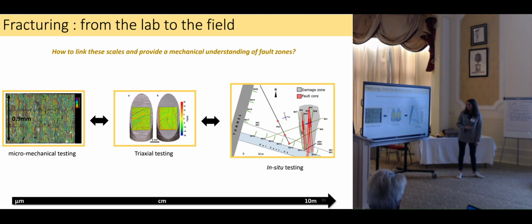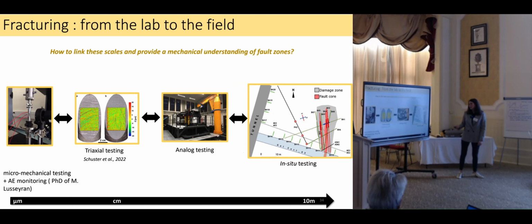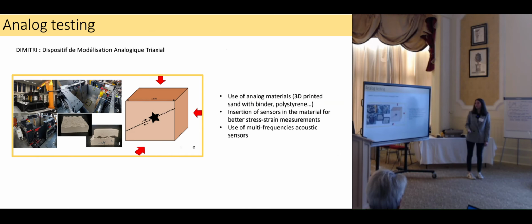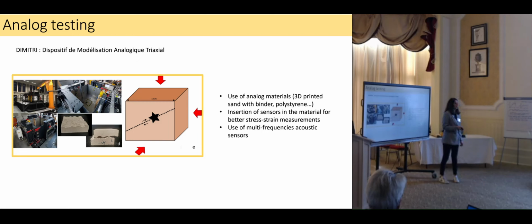And just to finish, I started to show you the 3 scales. I will just add another one, because now that I moved, there is a beautiful machine where I am installed now. The machine is called Dimitri, with a very French name, Dispositif de modélisation analogique triaxiale. This machine is a giant baby that can take samples that are 1.5 by 1.5 by 1.5 meters.